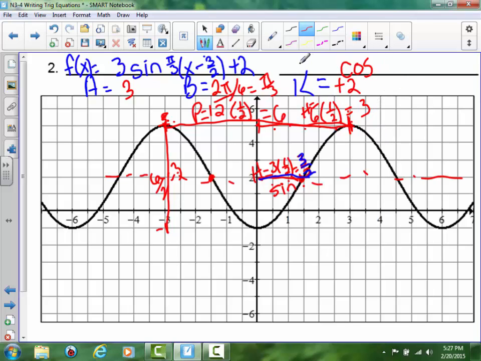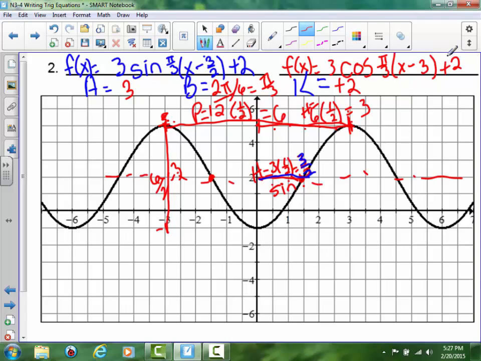Okay, so putting that together, f of x equals a, which is 3, cosine pi over 3, x minus, because we went to the right, 3, and then plus 2.